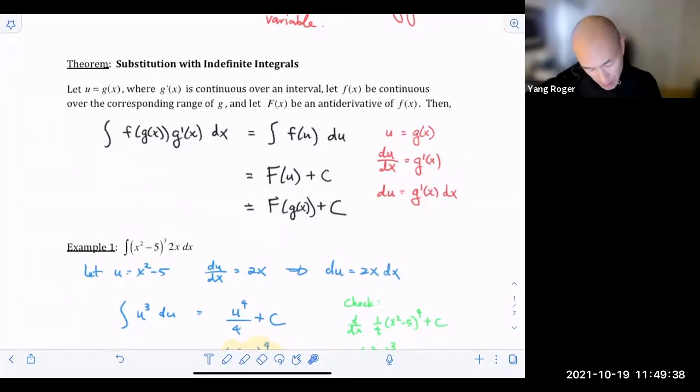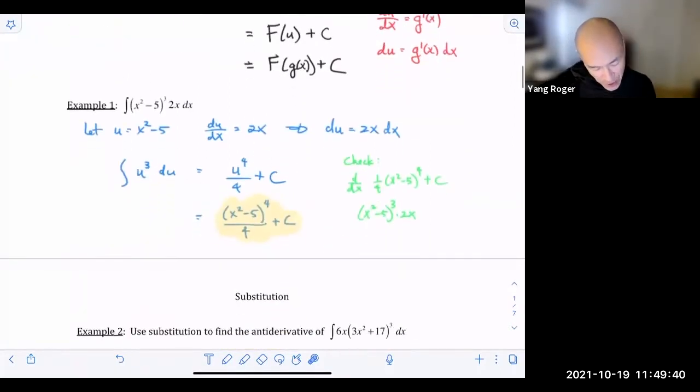So I did example 1 for you in the video. In example 1, this is a complicated looking integral. I noticed that if I let u be the thing inside the parentheses, the derivative is sitting right off to the side. That means if I let u be this, I can take the derivative like so, and solve for du.